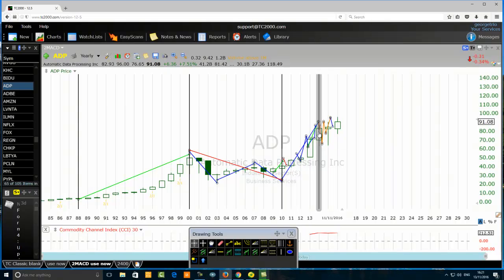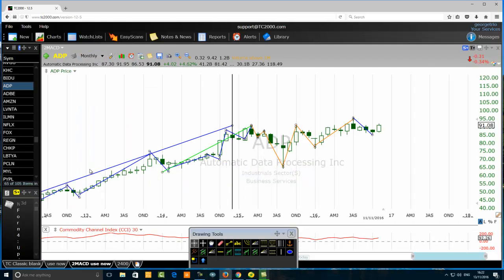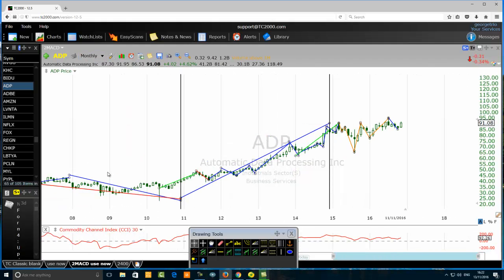What is the current wave? It is the fourth Elliott wave. Looking at the price structure on the monthly chart, we have a flat correction in this section here. It looks to me that we are in the fourth Elliott wave. So, okay, with all these vertical lines still in place, I'm going to go back to the monthly chart.